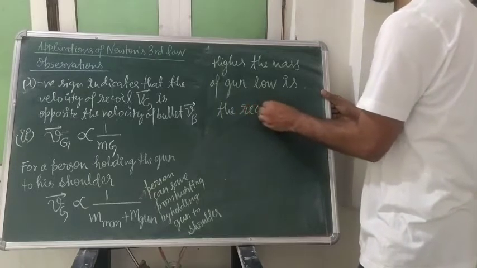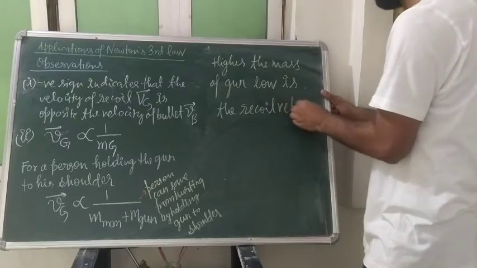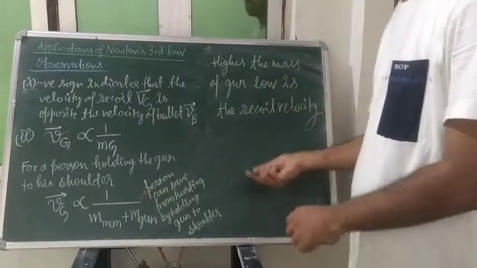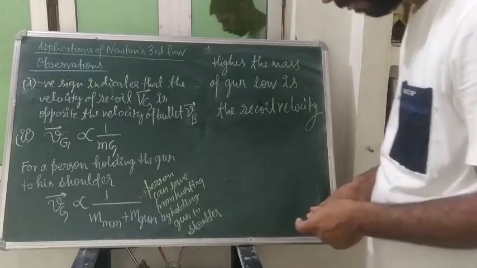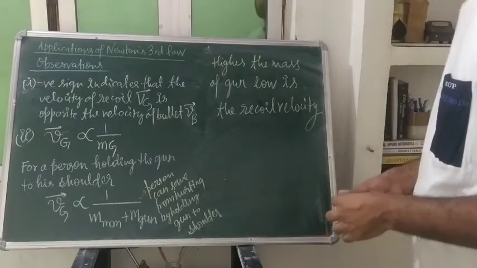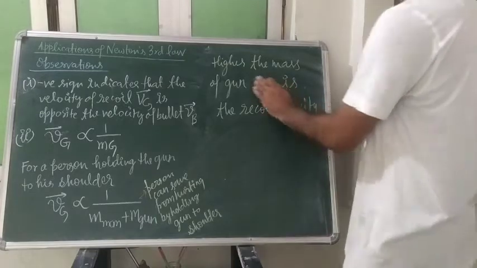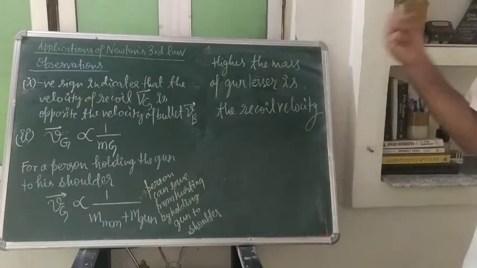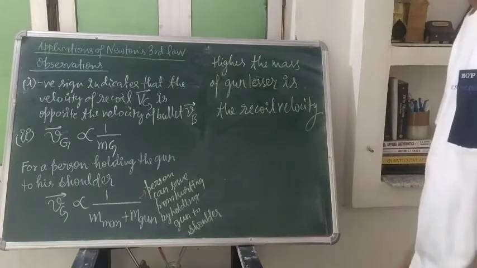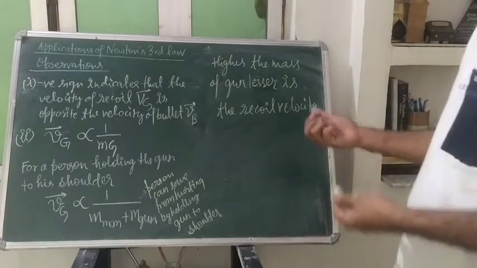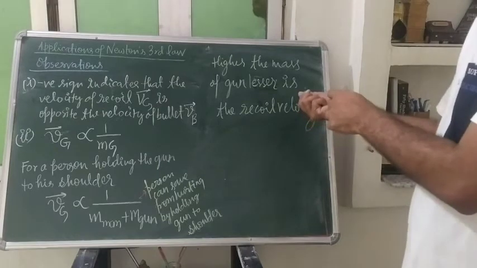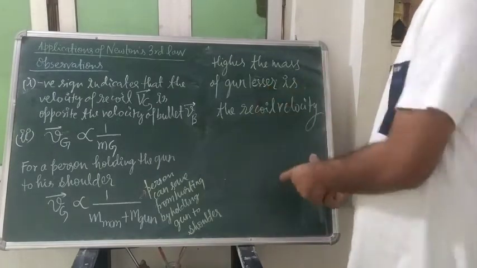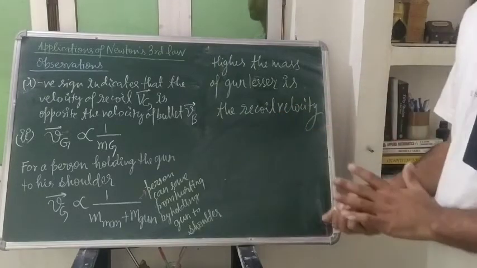So our recoil velocity will become low when the mass of the gun is high. Okay, in place of low you can write lesser as well. Lesser is the recoil velocity. So if our gun is heavy, we will feel less recoil. If our gun has lighter mass, it will give more recoil to us.